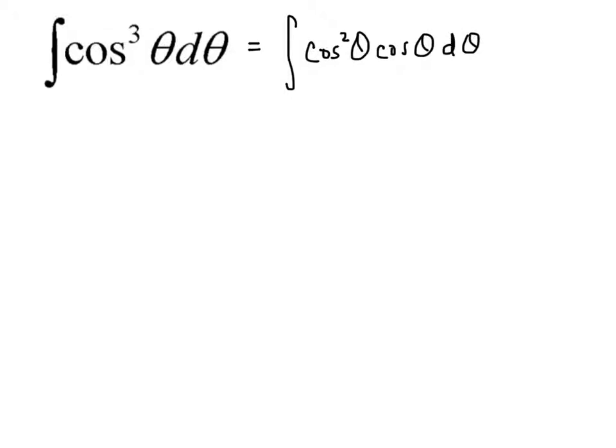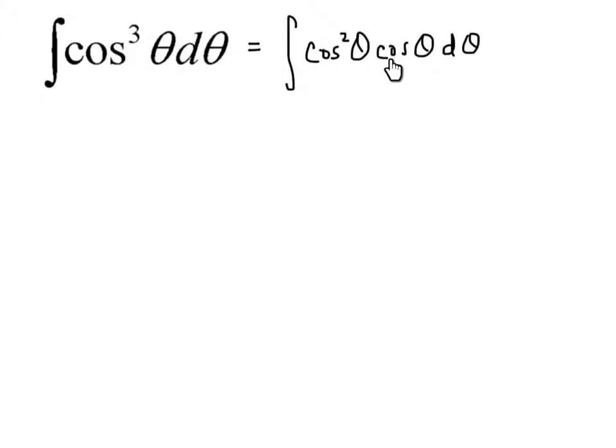The reason I did that is, of course, this I can't really integrate because there's no du. Now, over here, it looks like I could make u equal to cosine, but du would be negative sine, so that's not what I have here.